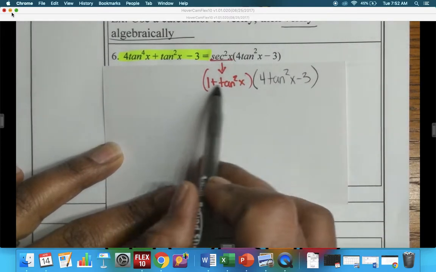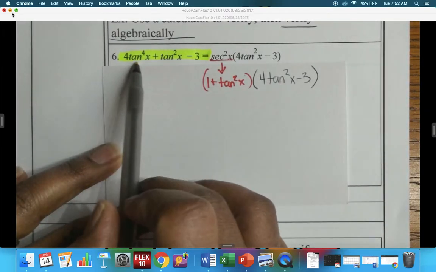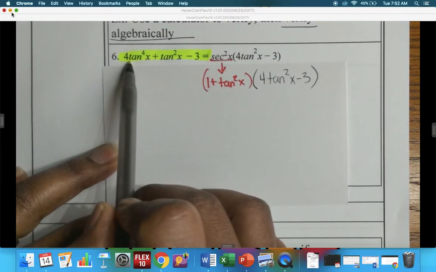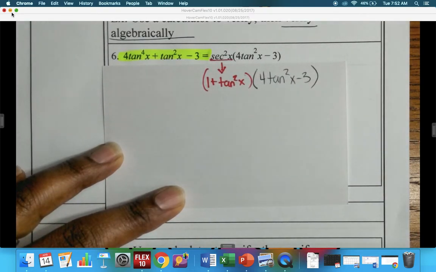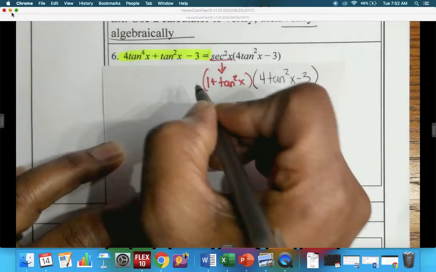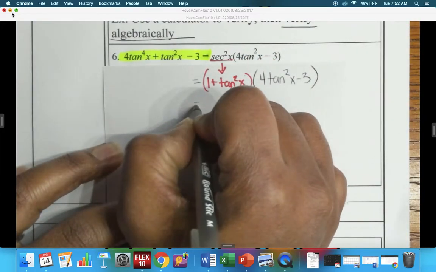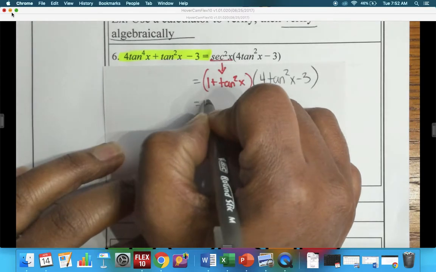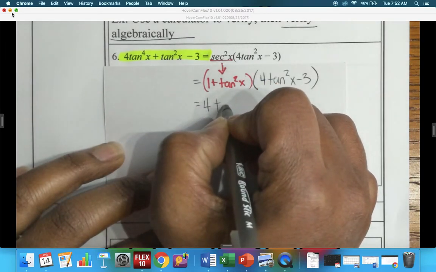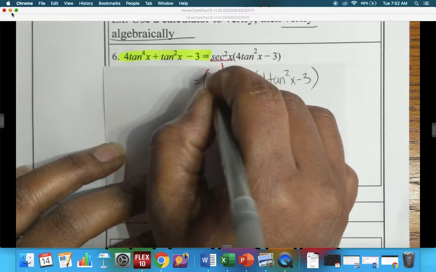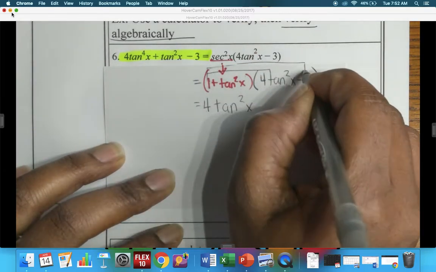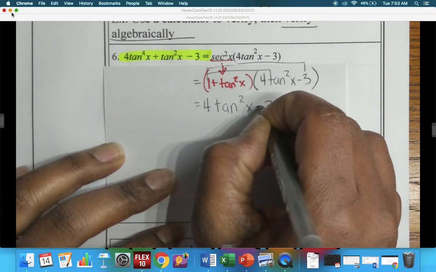Now I have only tangent and numbers here, and that's exactly what the left side has. So we just have to multiply using FOIL to verify that we get exactly the same expression. So 1 times 4 tan squared gives me 4 tan squared x. 1 times negative 3 just gives me negative 3.